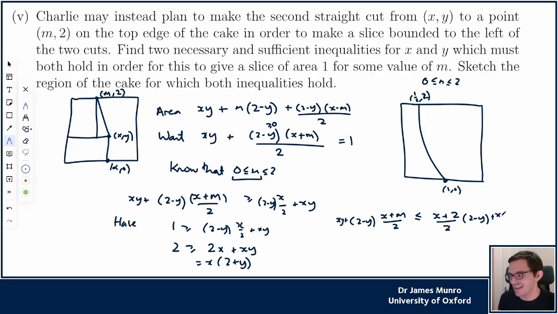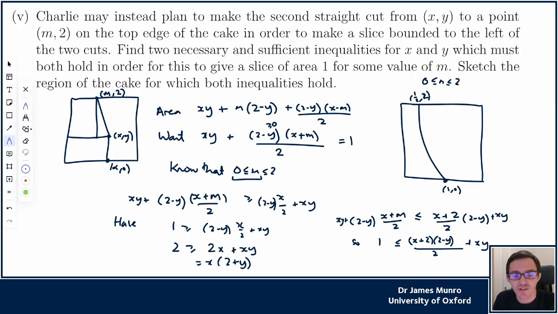And that's again a good sequence of things to do, because the thing on the left is exactly 1. So 1 is less than or equal to (x plus 2) times (2 minus y) over 2, plus xy. This is the equation for some region of the cake again.